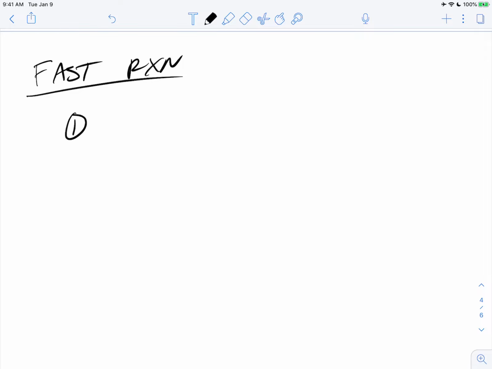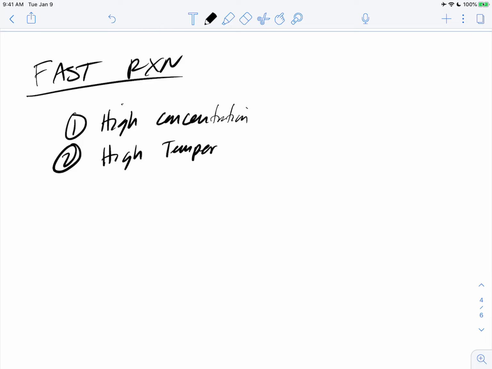Then you want high concentrations. You want high temperature that the reaction's occurring at.